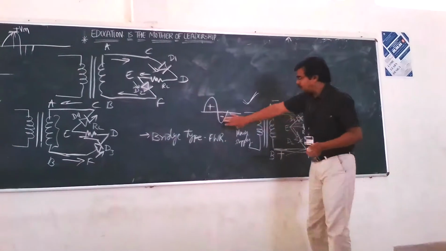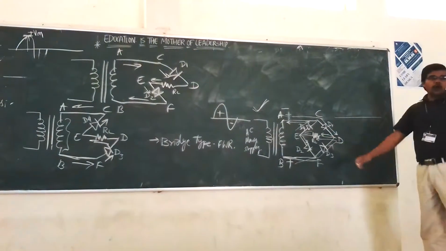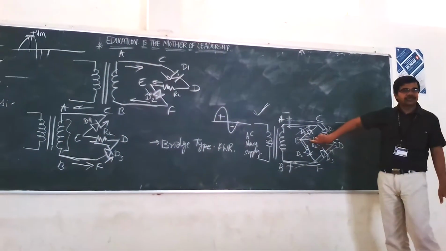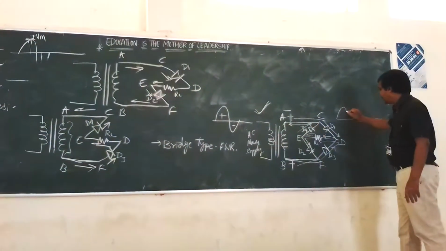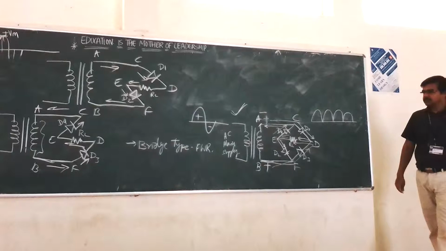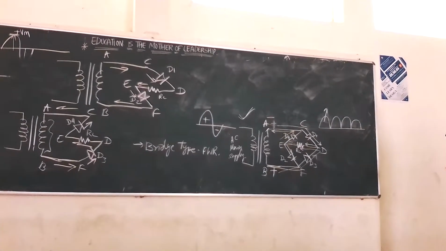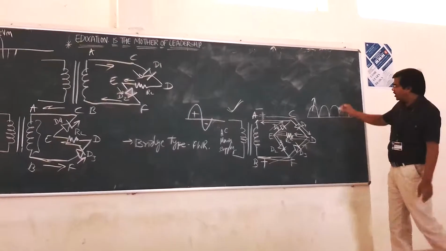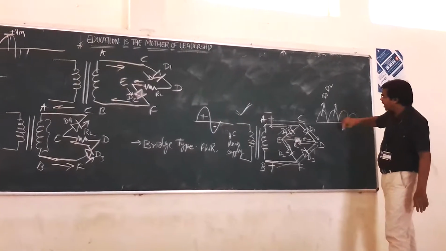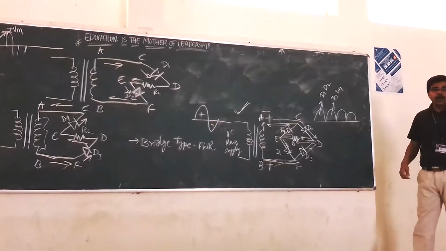Suppose this is your input, how will the output be? The output is considered across the load resistance, so your output will be like this. For the first half cycle, diodes D1 and D2 are contributing. For the second half cycle, D3 and D4 are contributing.